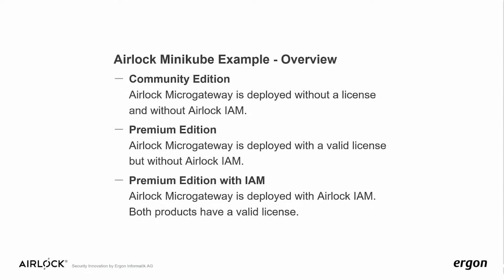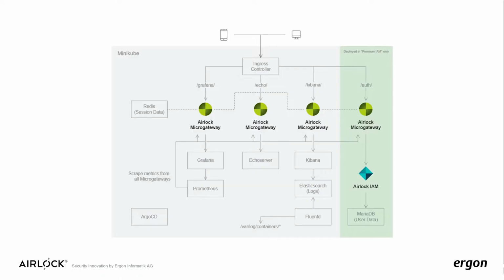The second and third scenarios require a valid license and are called Premium Edition, while the third one additionally covers Airlock IAM use cases. The difference between these scenarios is the usable functionalities and therefore which features can be tested. In this video, we show the full Premium Edition with Airlock IAM functionalities.